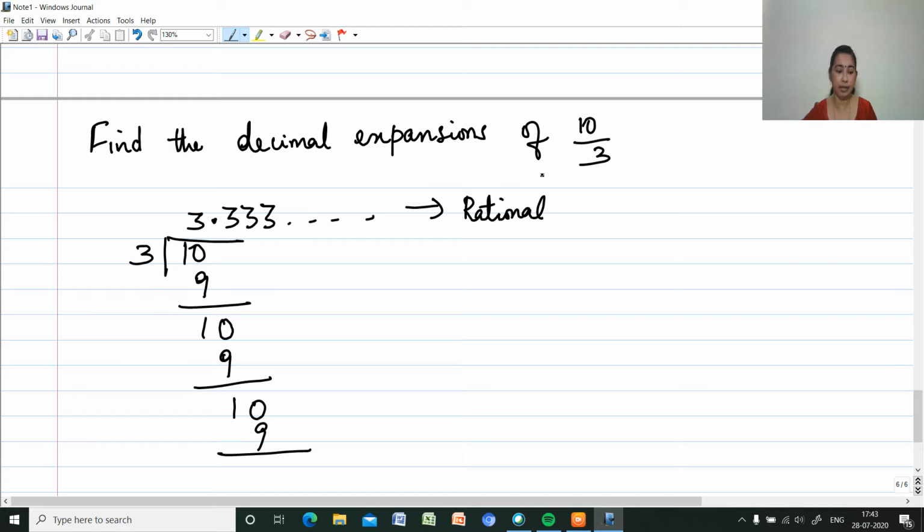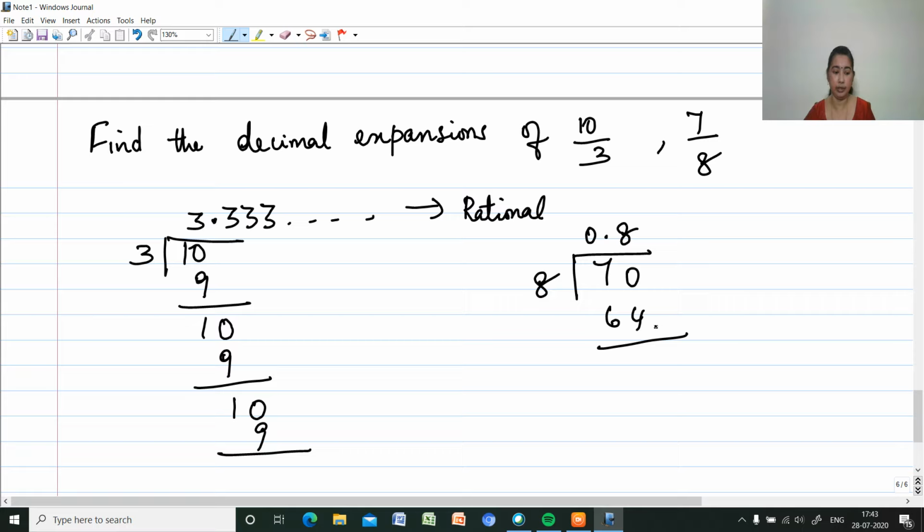Then another number we have to take is 7 divided by 8. In this case, if I am dividing here, so 8 will not go in 7. So first itself we have to put a decimal point there. Then 8 how many times? 8 8s are 64. Then remainder it will be 6. Then again 60. Then 8 how many times? 8 7s are 56.